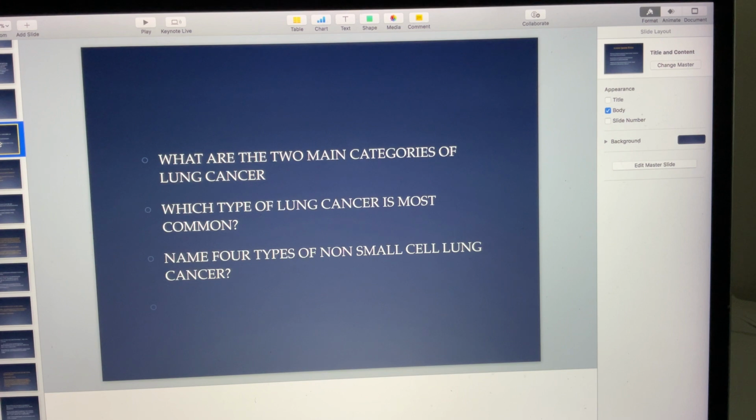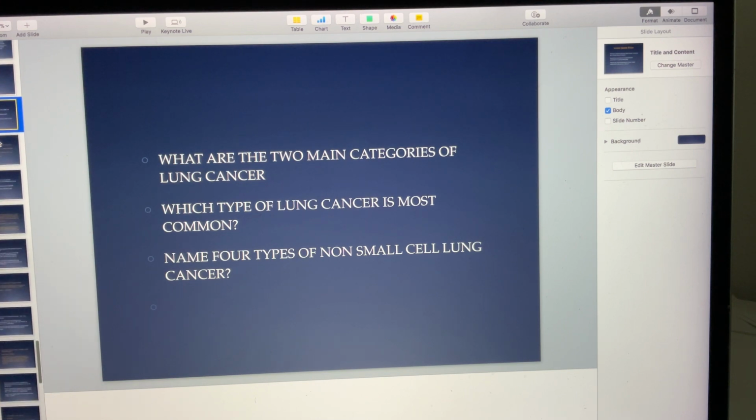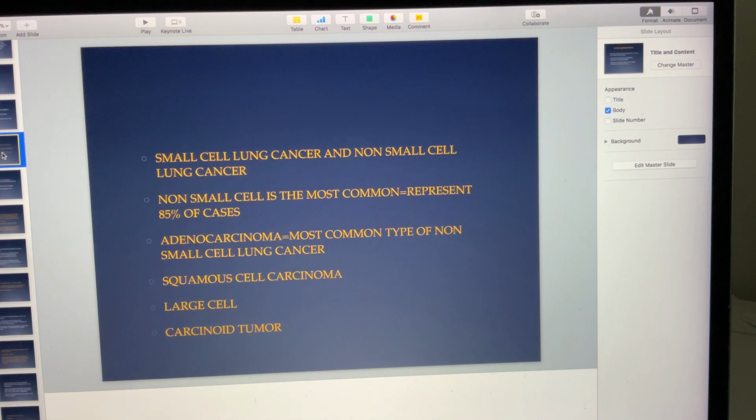Next question, what are the 2 main categories of lung cancer? Which type of lung cancer is most common? Name 4 types of non-small cell lung cancer. Okay, the 2 categories are small cell lung cancer as well as non-small cell lung cancer. The non-small cell is the most common. It represents about 85% of the cases.